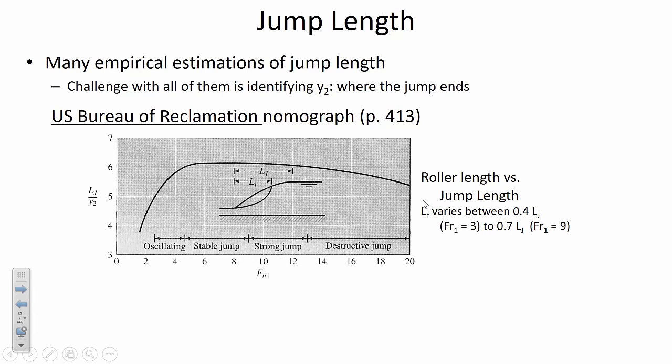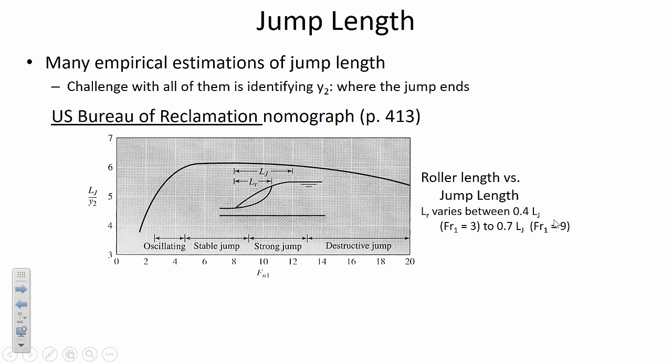The length of the rollers, L sub r, means the rollers, and that's where you're actually seeing air entrained into the water, rather than just the gradual increase in depth that's after the rollers. The length of the rollers is maybe 0.4 times the length of the jump, so 40% of the jump length if you have a relatively low Froude number.